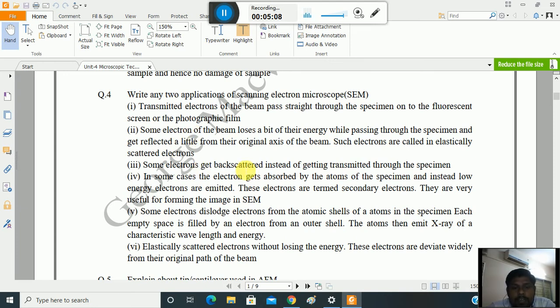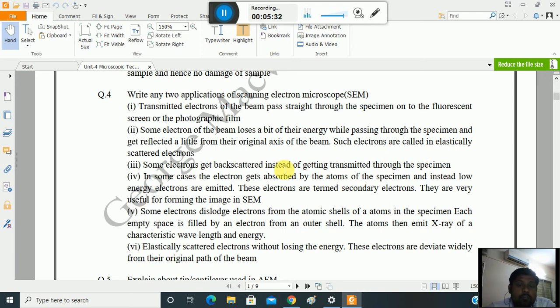Some electrons get backscattered instead of being transmitted through the specimen. Sometimes when a beam of energy is incident on the surface of the sample, it is transmitted. But sometimes when the beam penetrates into the specimen, it is backscattered by the molecules present on the surface of the specimen.